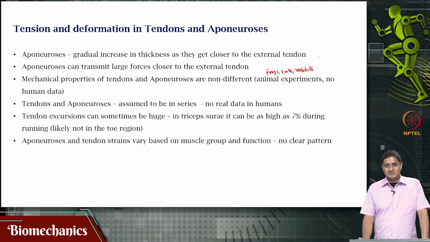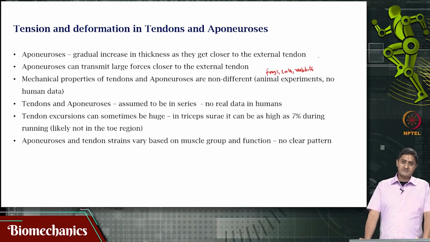These kinds of experiments are nearly impossible to perform in humans. So, no human data is available, but you can generalize this from animal experiments. Perhaps this is likely true in humans also, that the mechanical properties of tendons and aponeurosis are not different.